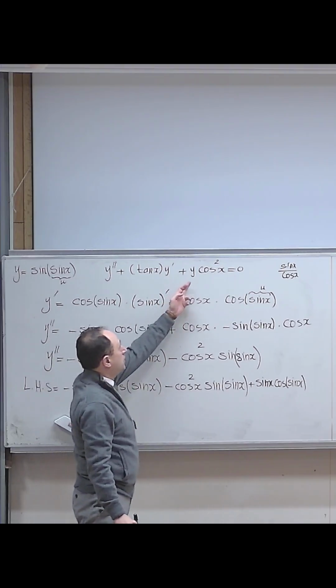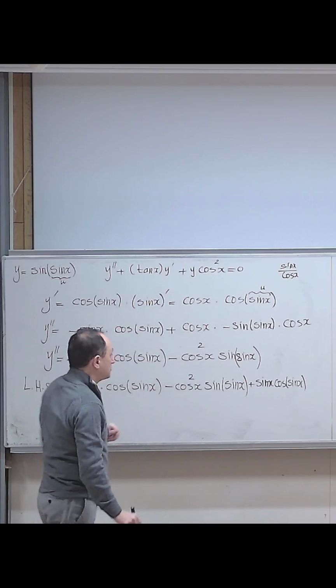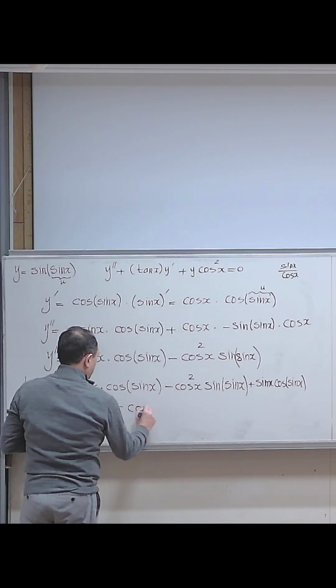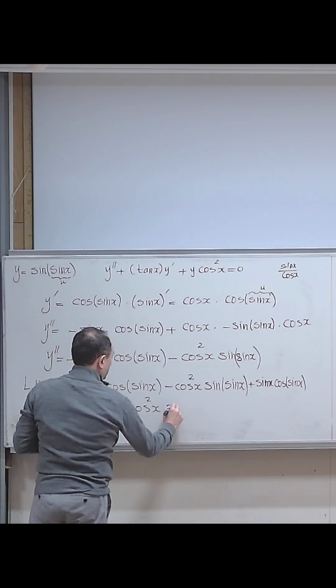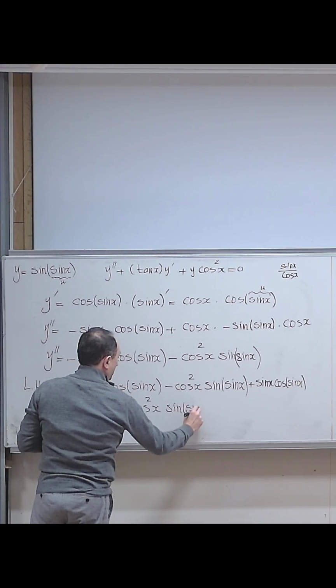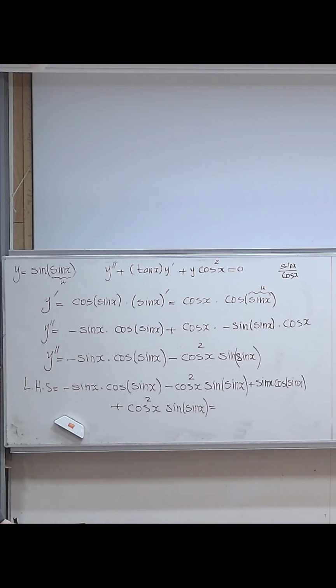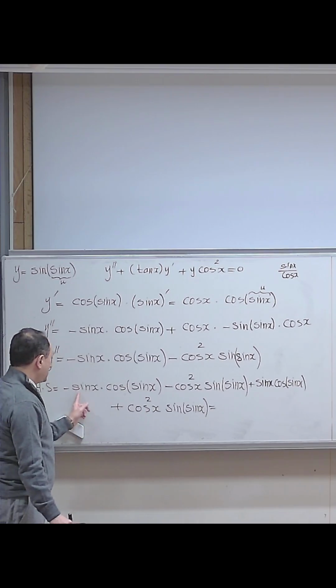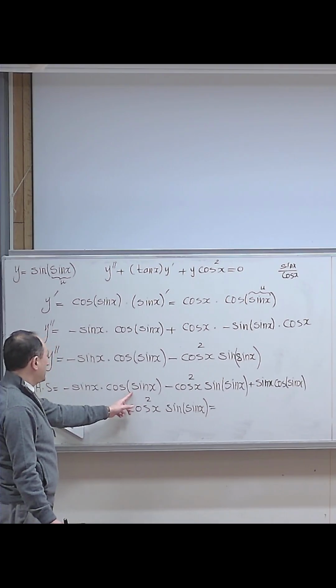But then I have y times cosine x squared. So if you don't mind, let me write cosine x squared first, and then multiply it by y, which is sine of sine x. And if I have done everything right, everything should cancel out, and actually it does, because this minus sine x cosine sine x will cancel this one.